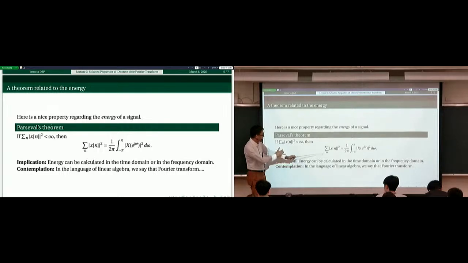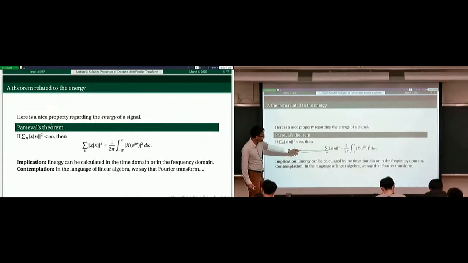This is the result of taking the inner product of our signal with itself, much like any finite length vector. What is the inner product of the vector with itself? You sum over the square of all the components, right? So this is a kind of inner product of a signal with itself.